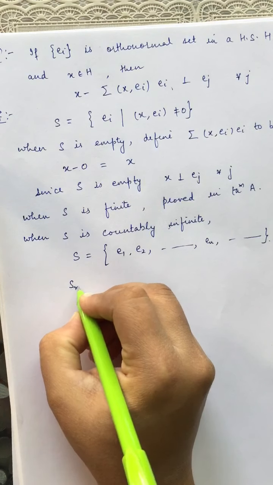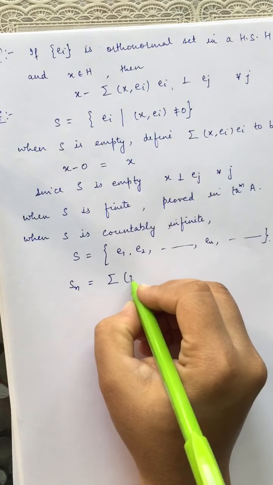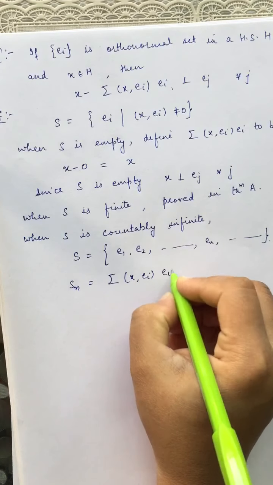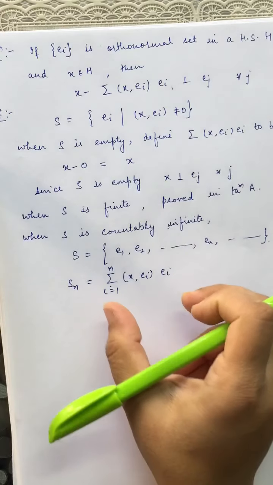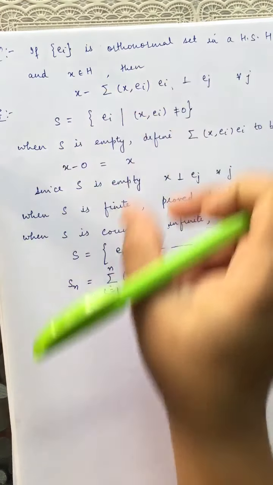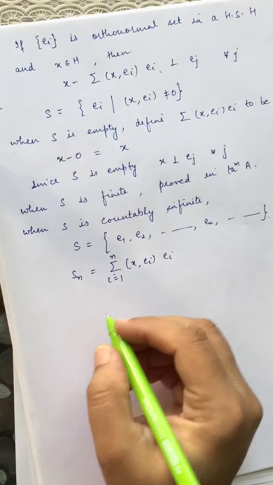Now we put S_n as the summation of (x, e_i) e_i, i varying from 1 to n, which means the partial sum for this summation, let us take that as S_n.